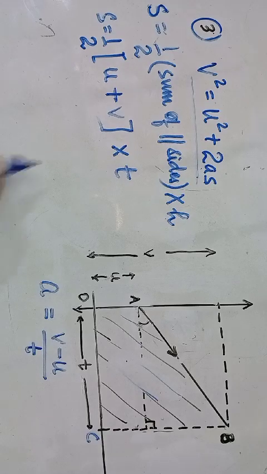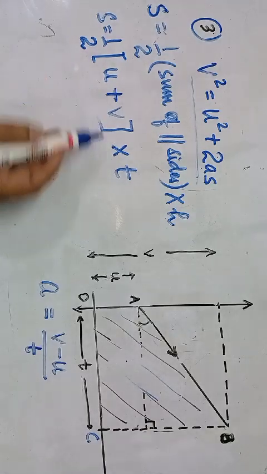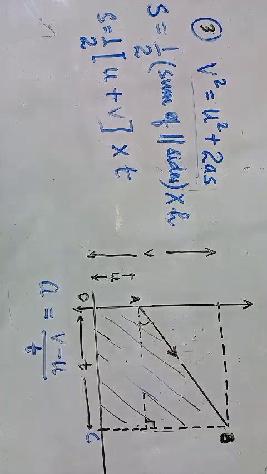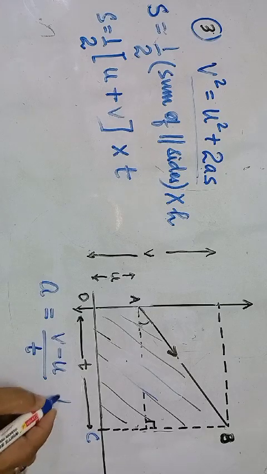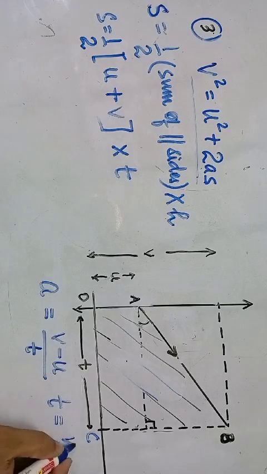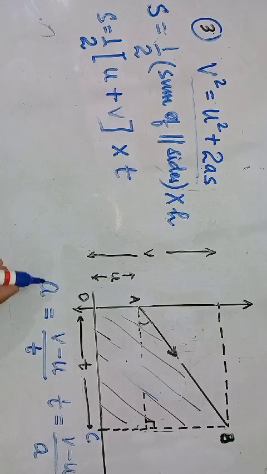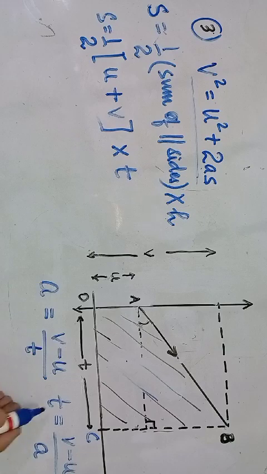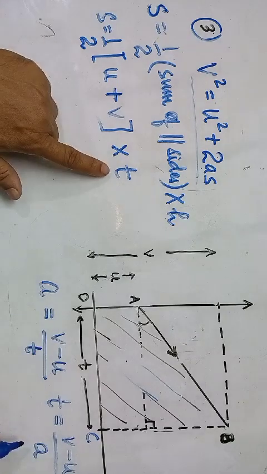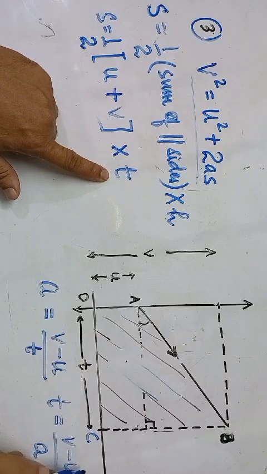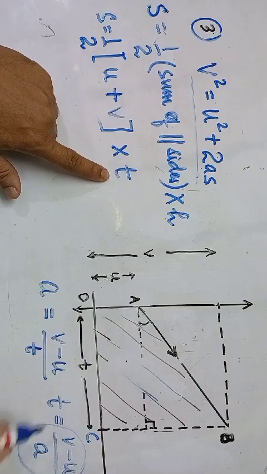Since there is no v minus u present here, we should take this t here and bring this a here, so that we can write t is equal to v minus u upon a. In place of this t, this whole thing will be replaced.